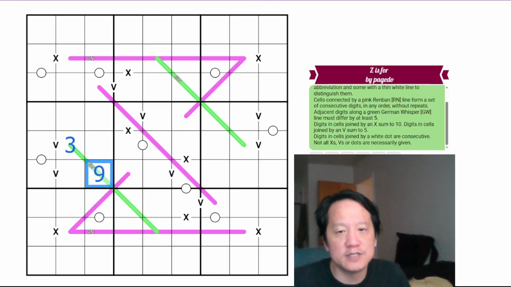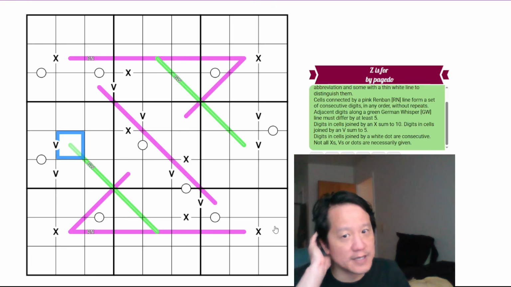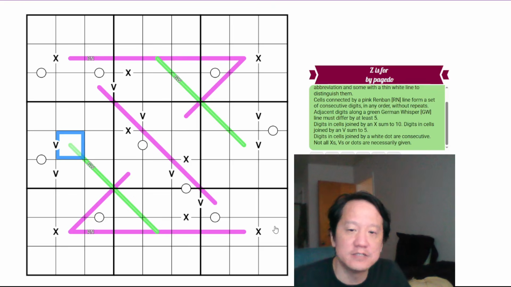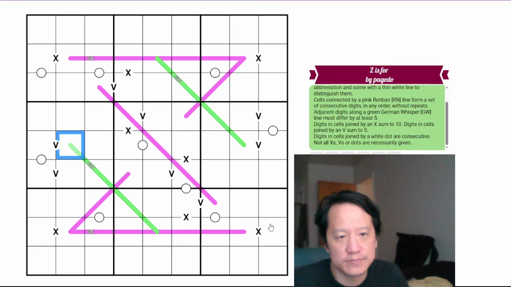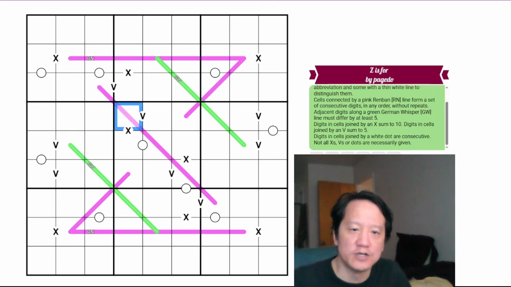Digits in cells joined by an X sum to 10, and digits in cells joined by a V sum to 5. Digits in cells joined by a white dot are consecutive, and not all X's, V's, or dots are necessarily given. So say this was a 3 here.